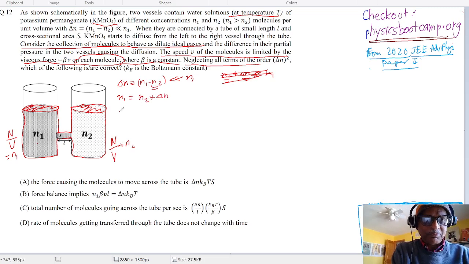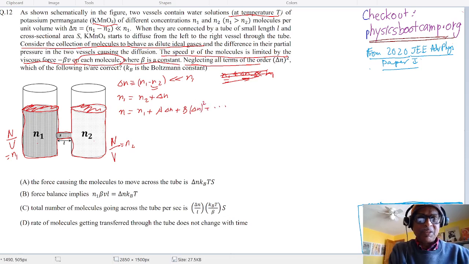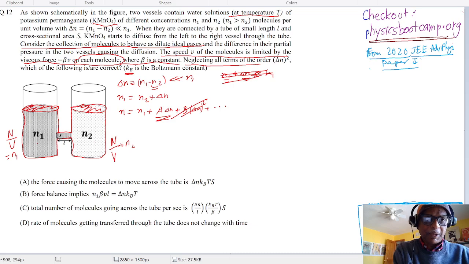But if you have N1 plus some A delta N plus B delta N squared, if you are to expand like that, then you're supposed to ignore these higher terms. So you're just keeping up to delta N, and kB is the Boltzmann constant and beta is a constant, and the length of the tube is L and the cross section is capital S. So those are the things given.